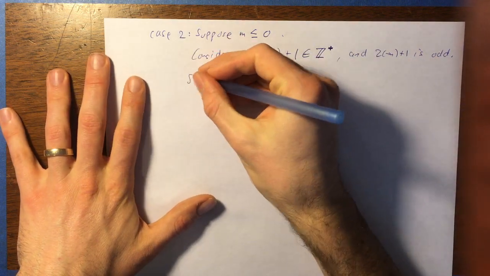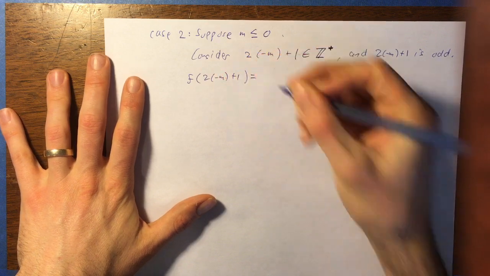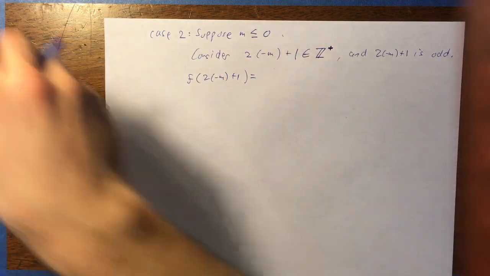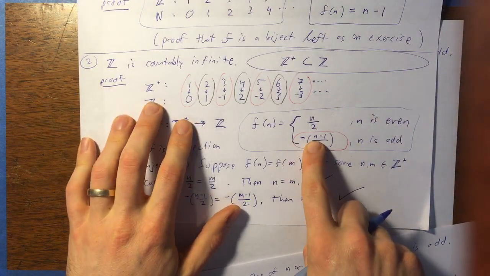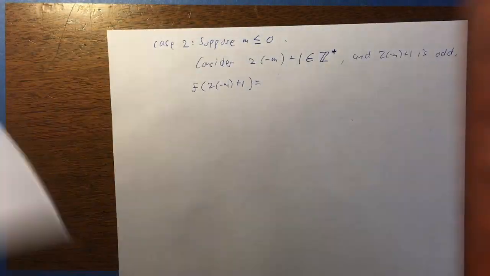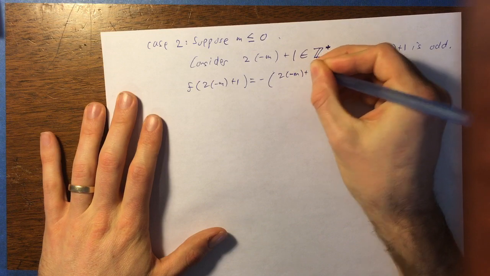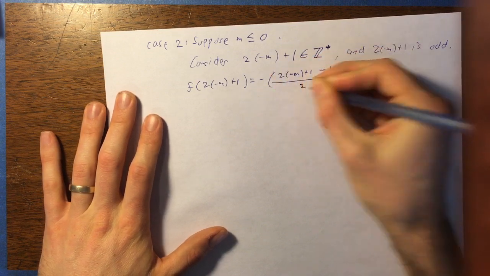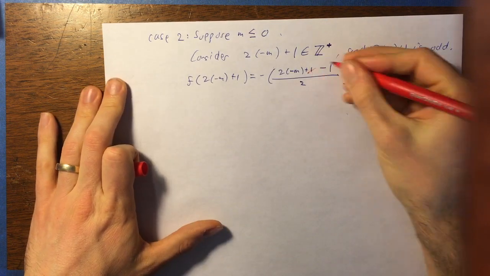So that means when I do f of 2 times negative m plus 1, I'm going to apply the rule for odd numbers, which was negative input minus 1, and then all divided by 2. So I apply that, negative input minus 1, all divided by 2, and then I carefully chose this so that everything nicely cancels out, right?